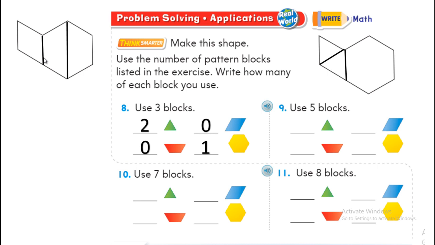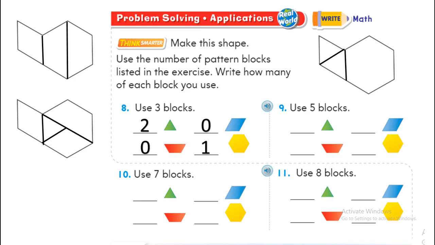Now, in question number 9, we're going to use 5 blocks. So we're going to divide the big shape into 5 smaller blocks. Let's see. This is the shape again. Now I'm gonna divide it into 5 blocks. I'm gonna put the first line again, because it's very obvious. Then I'm gonna divide it from here. How many have I made now? 3. I want more. I'm gonna put another line here.